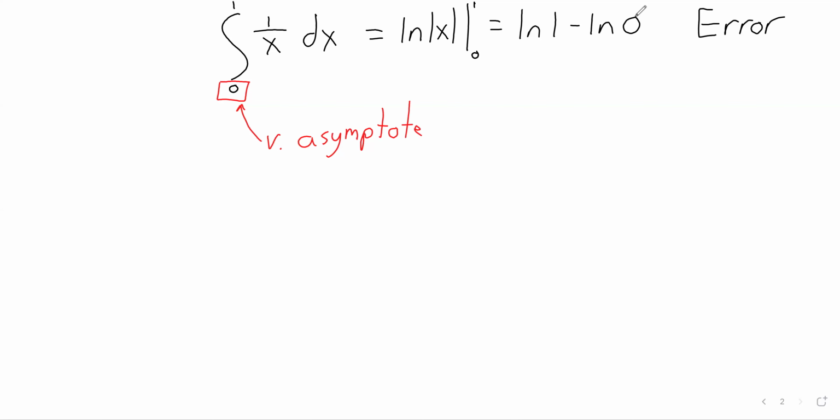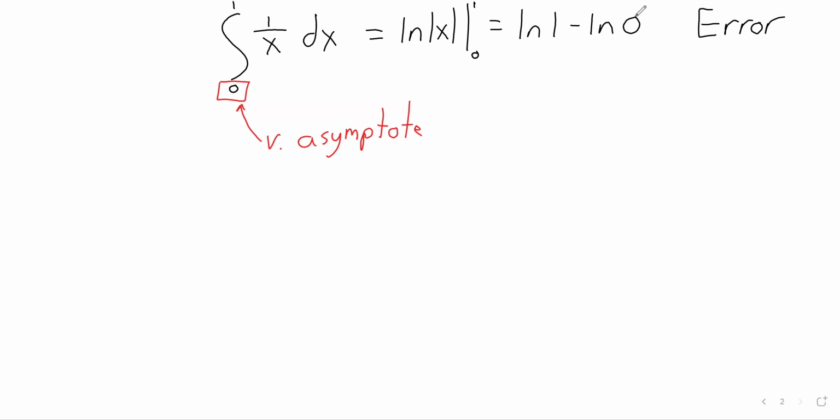There are a lot of situations, at least in pure mathematics, like pure analysis, where you want to relax this assumption, where you want to be able to write the integral from 0 to 1 of 1 over x, even though we can't, the way we've approached things so far.